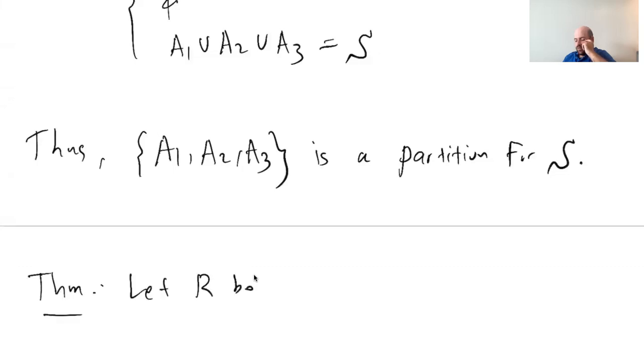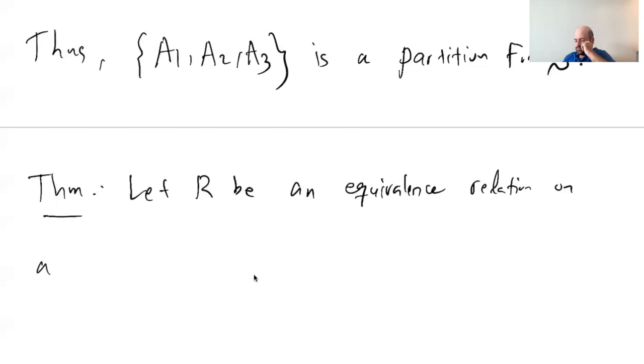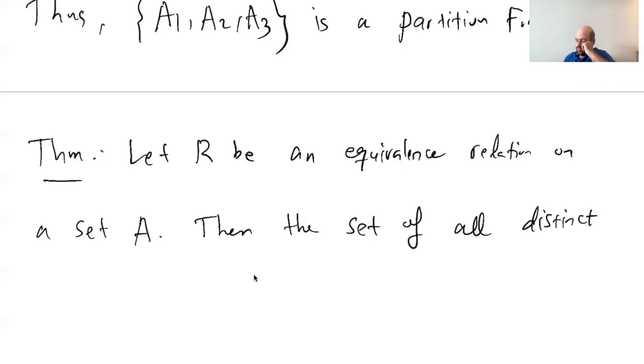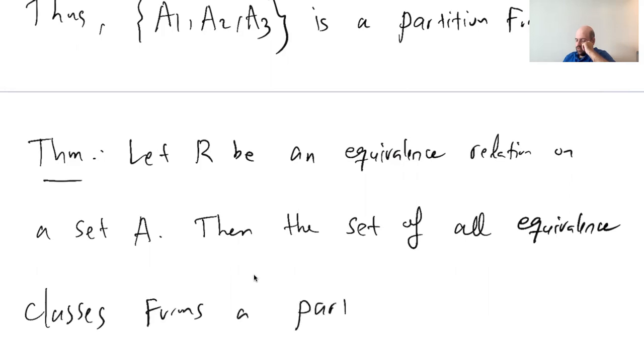Let R be an equivalence relation on a set A, then the set of all distinct equivalence classes forms a partition for A. The set of all equivalence classes will be a partition for A.